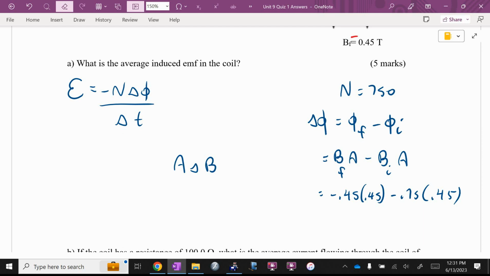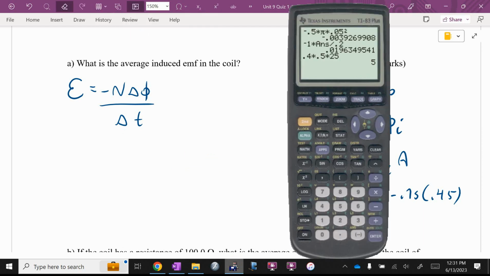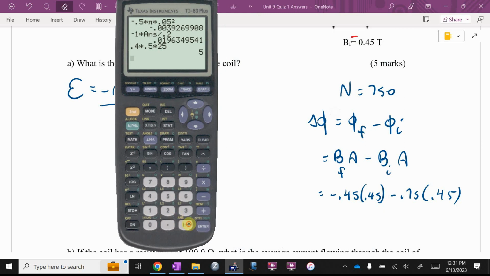So I always start with the change in flux, and then I derive what's changing, the magnetic field, the area, or both. Let's crunch that, Mr. Dueck. It's going to be negative 0.45 times 0.45, that's interesting, minus 0.75 times 0.45. I get a change in flux of negative 0.5625.